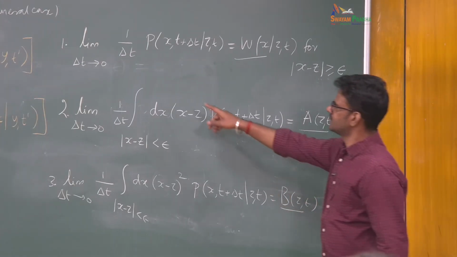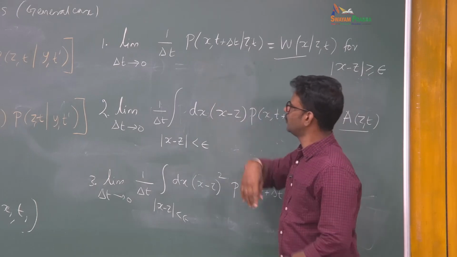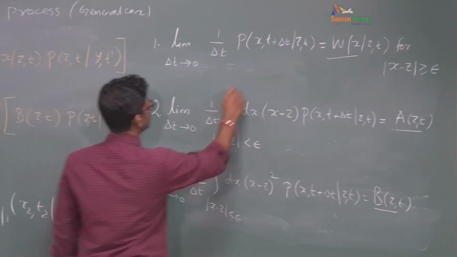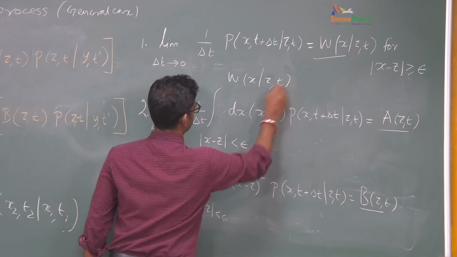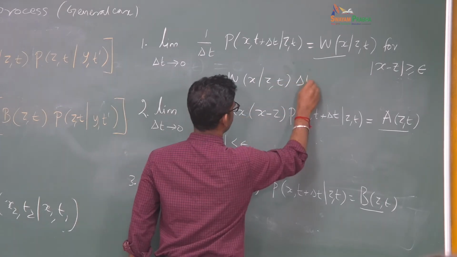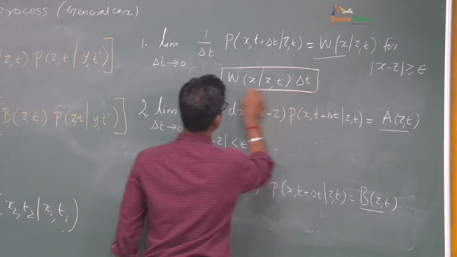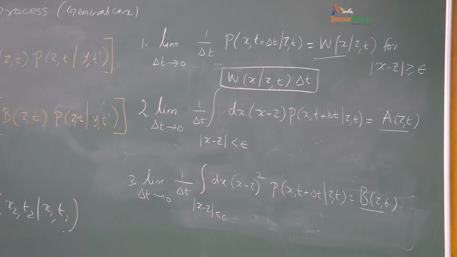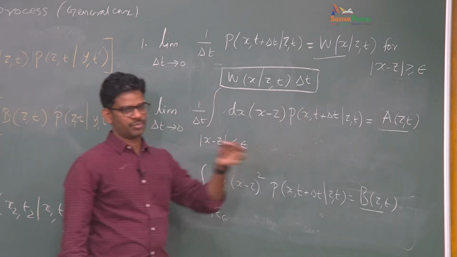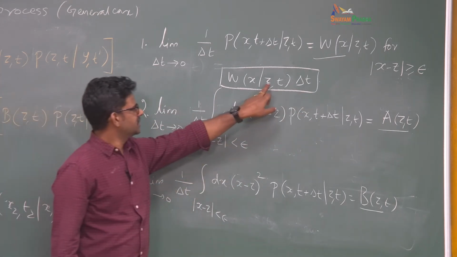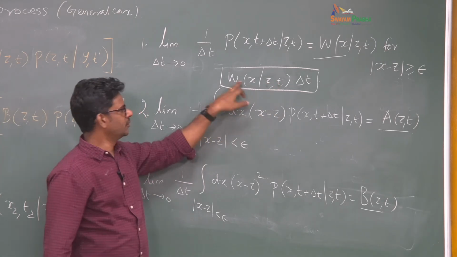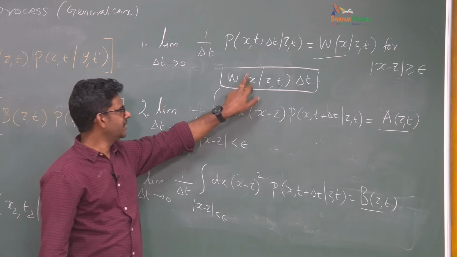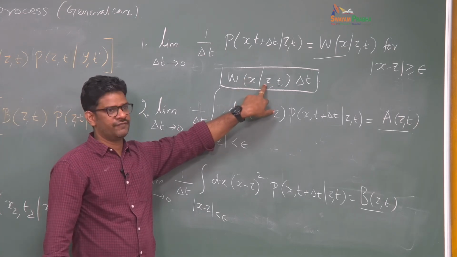What we are saying here is that w of x times delta t tells you the probability that a system starting at z at time t will make a jump to x in such a way that x will be far away from z.